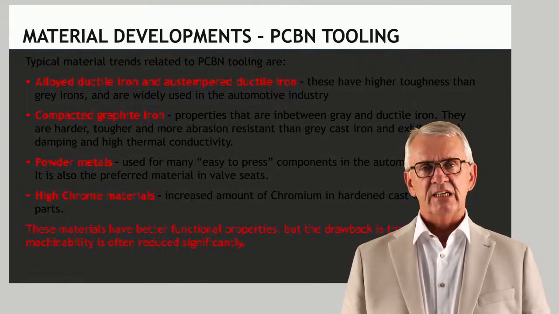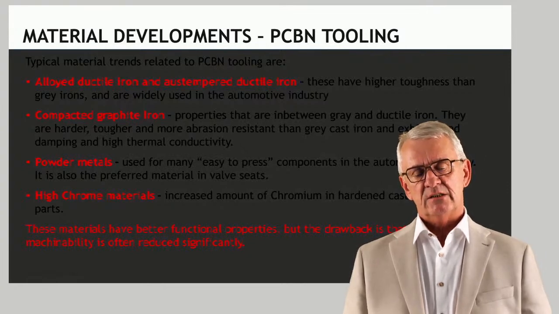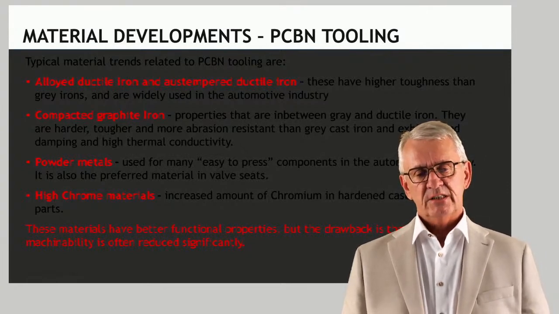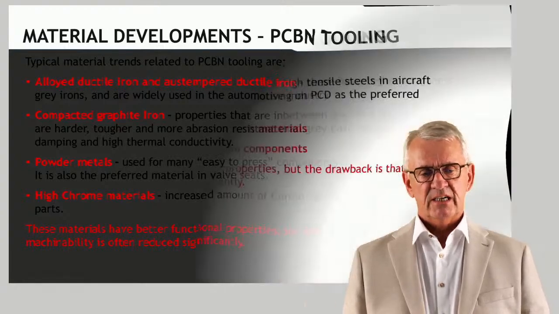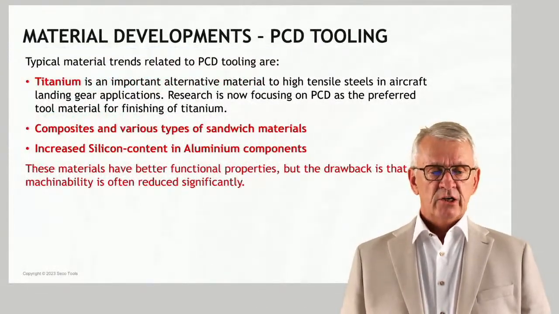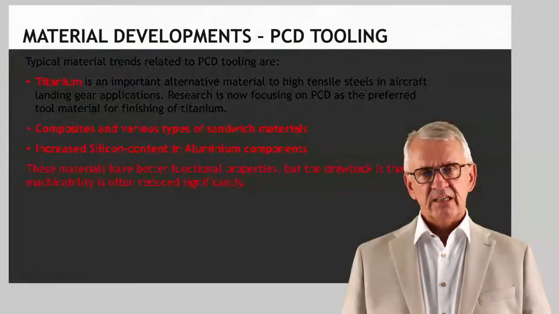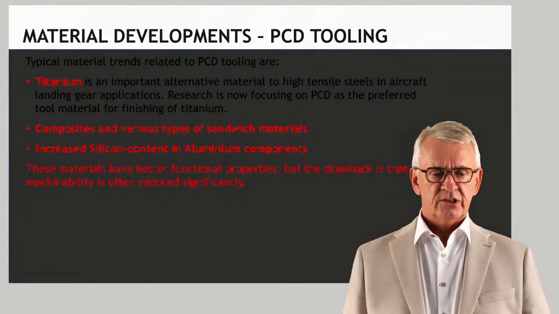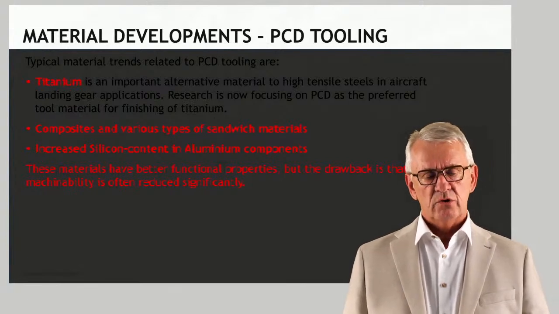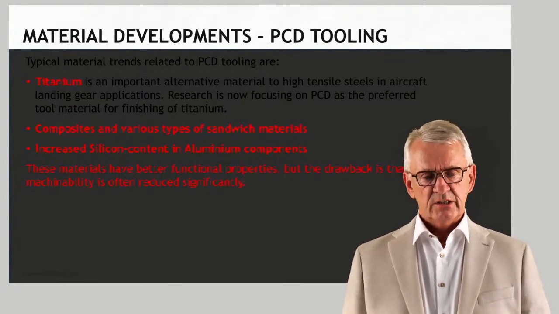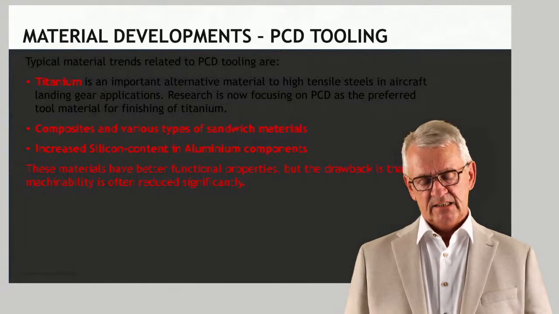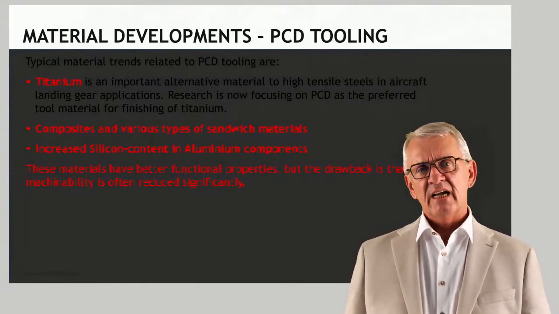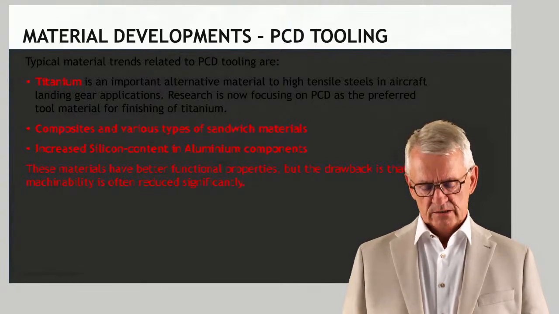I'm not going to say it's easy, but it's easier to achieve productivity targets, cost efficiency targets, and so on. Another thing we see is titanium, composites, various types of sandwich materials, silicon content aluminiums, and so on. Also a very clear development in those materials we see. And those materials, when they have to be machined, that's when PCD, diamond, appears in the picture.